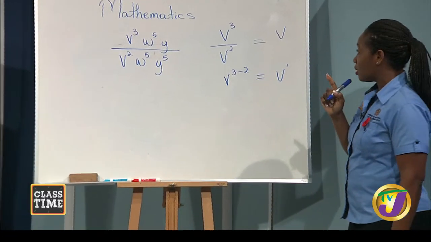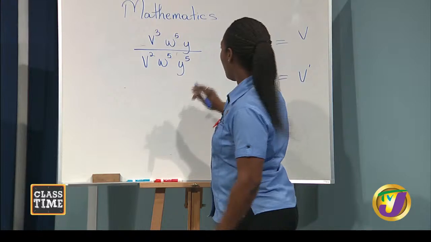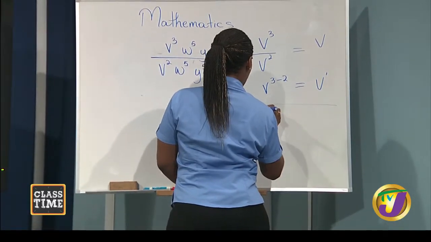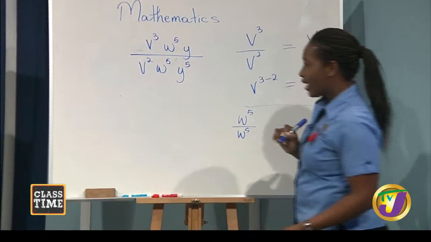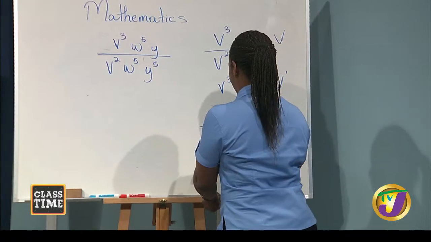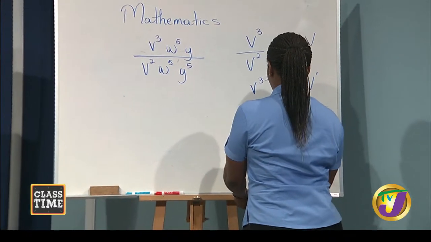What about the W? We don't have any W in our answer. So I'm separating it again. I have W to the 5th power divided by W to the 5th power. If I did that, it means W, 5 subtract 5.